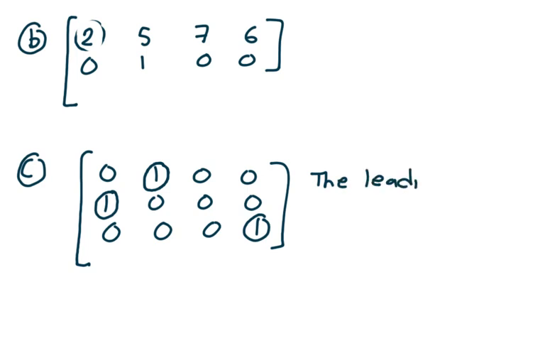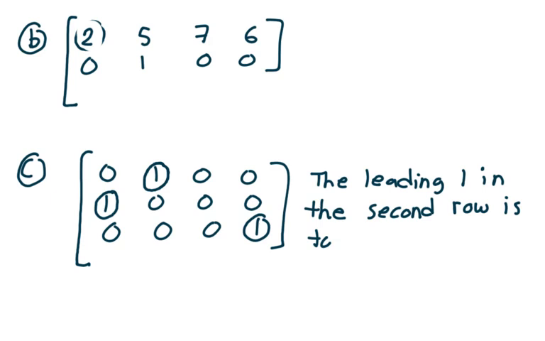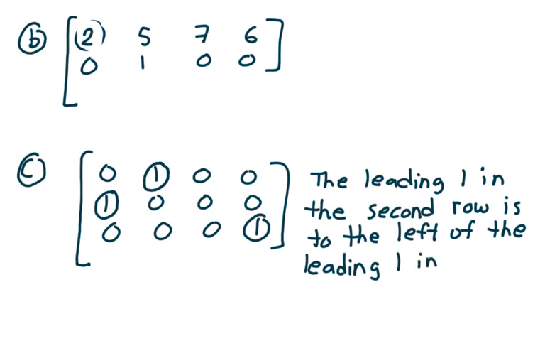The leading one in the second row is to the left of the leading one in the first row. And so therefore we have a problem. And so C is not in row echelon form.